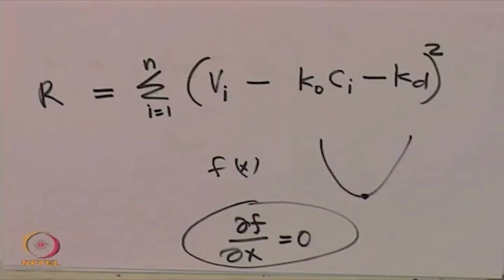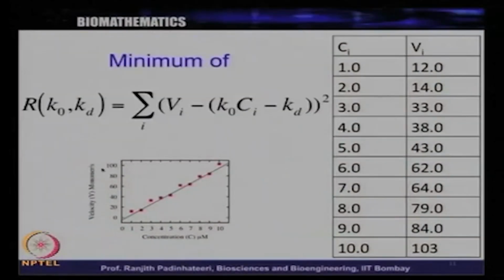What can we do? Essentially, we want this R, which is a function of k0 and kd, to be minimum, which is Vi minus k0 Ci minus kd, whole square. This is the difference between the experimentally measured value and the fit value.